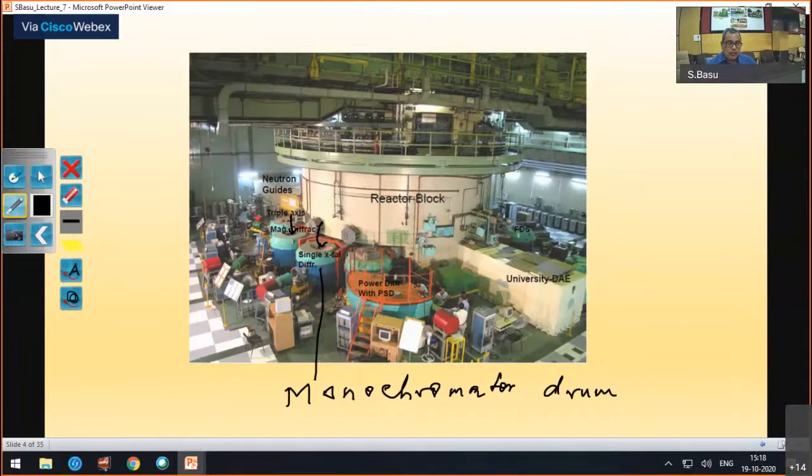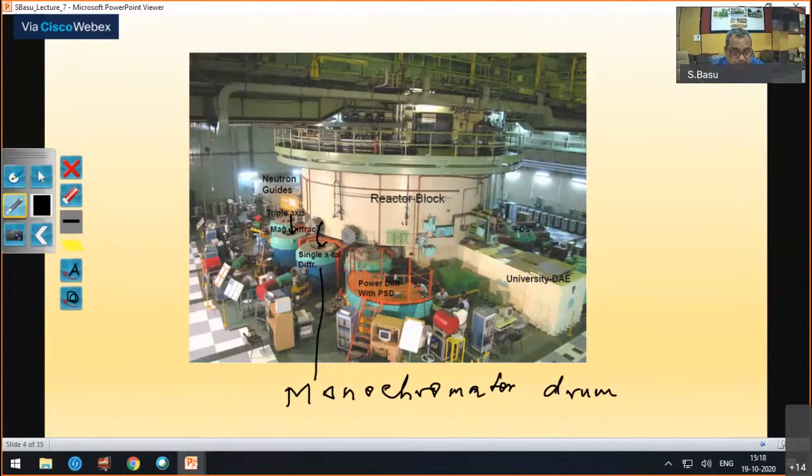In the reactor core, along with the thermal neutrons that are produced, there are also lots of very fast neutrons. Fast neutrons are not of much use for us, but harmful to anybody trying to do experiments. And there are also lots and lots of gamma rays, coming from the nuclear fission reaction, and they are also contained.